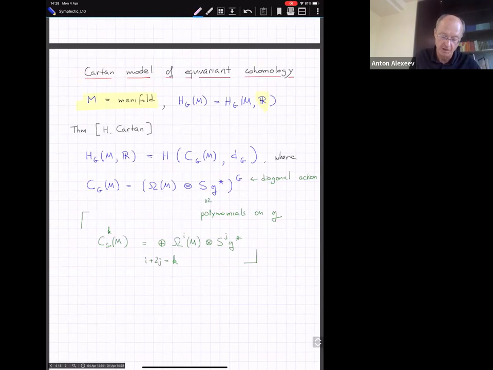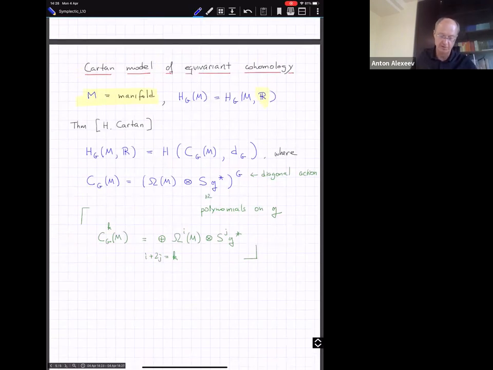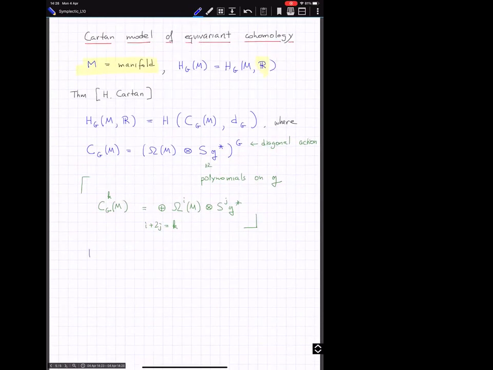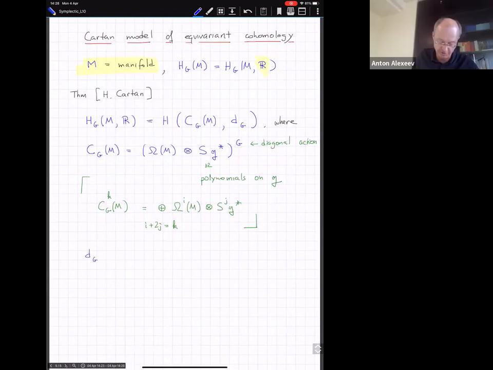Right. Okay. So now, what is d_G, the Cartan differential? That's the de Rham differential on differential forms plus, and here let me write it down and explain.